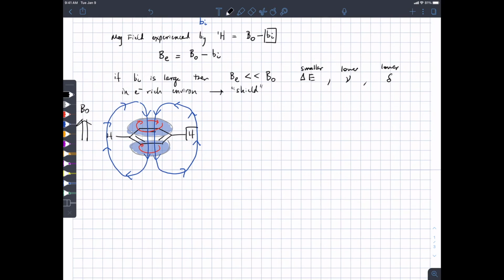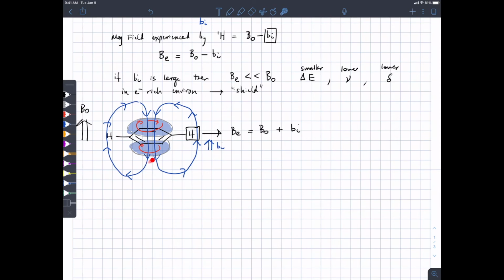So the field that this proton experiences is the external magnetic field plus the induced magnetic field. At that position, the proton experiences that induced magnetic field.